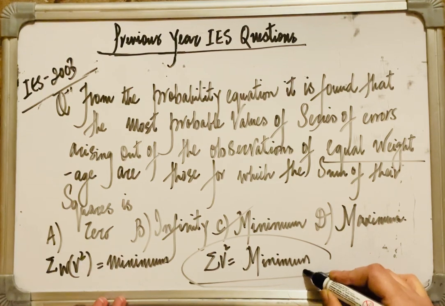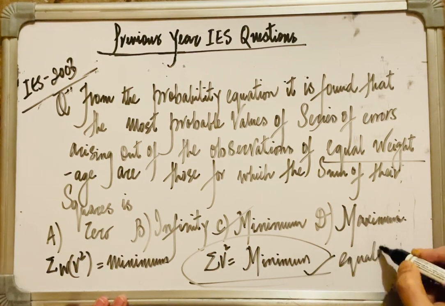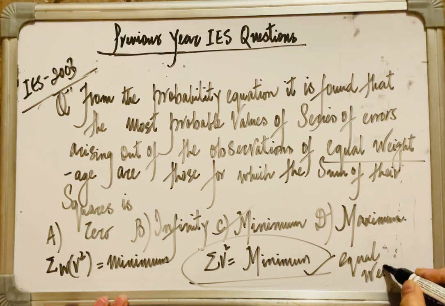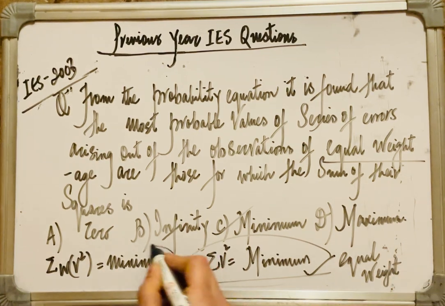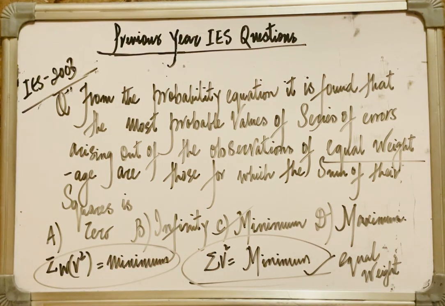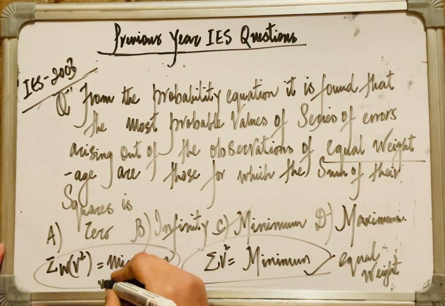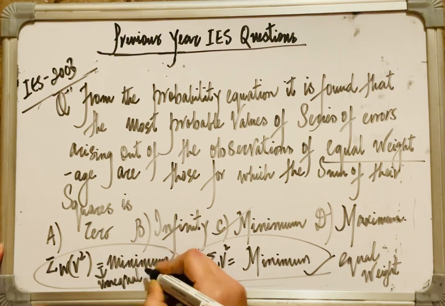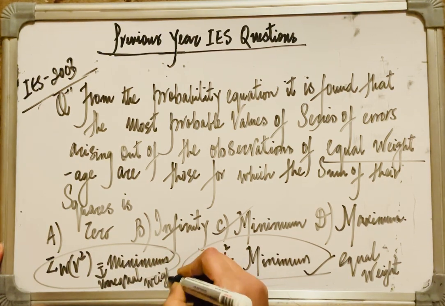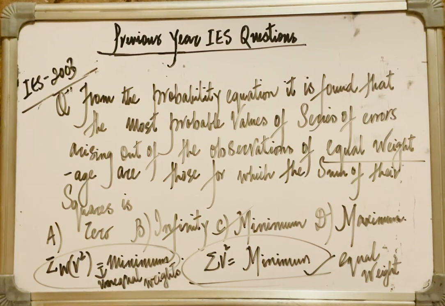This is the case for the observations having equal weight, and this is the case for the observations having unequal weights.